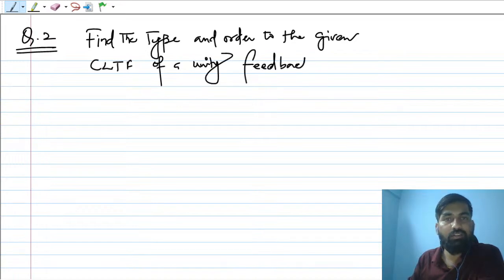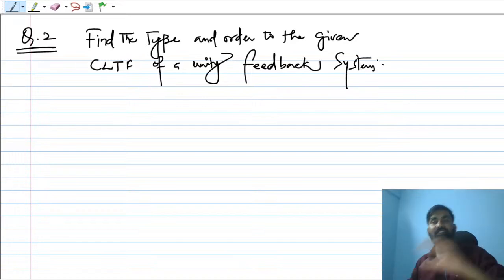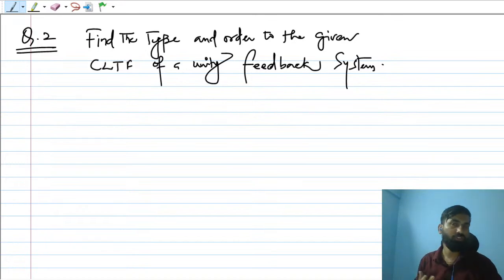I will discuss positive feedback, closed loop control systems, and open loop control systems, everything. But for the moment, just practice this problem, right?